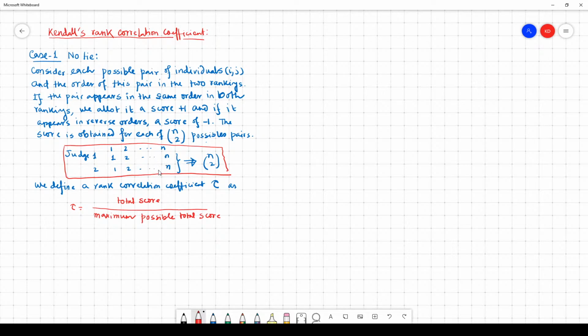This means for each pair the score is +1 and there are NC2 such +1. So the maximum possible total score is NC2. So total score divided by NC2.